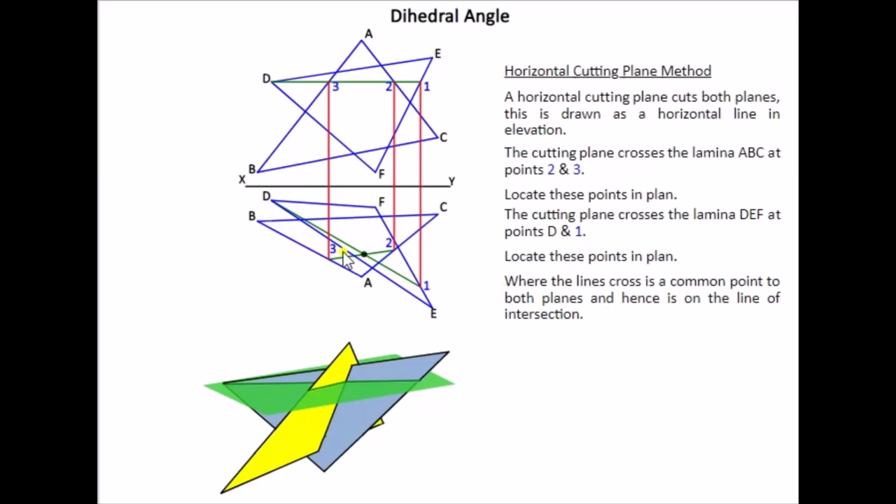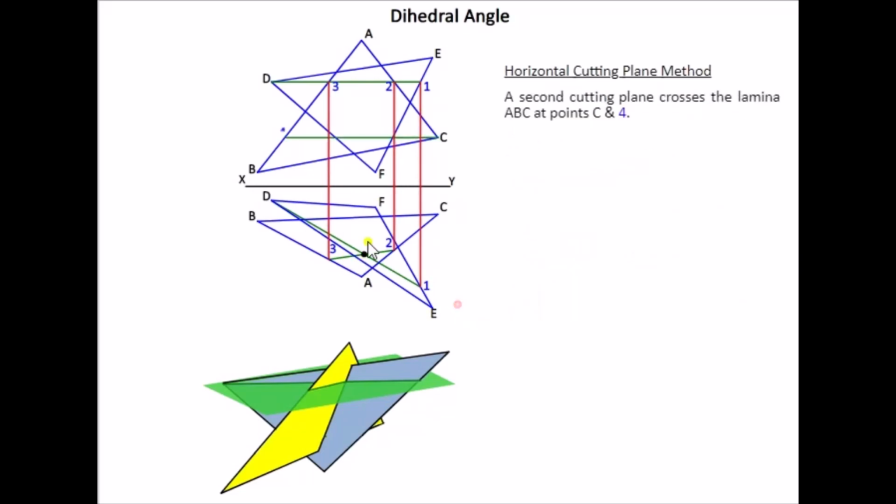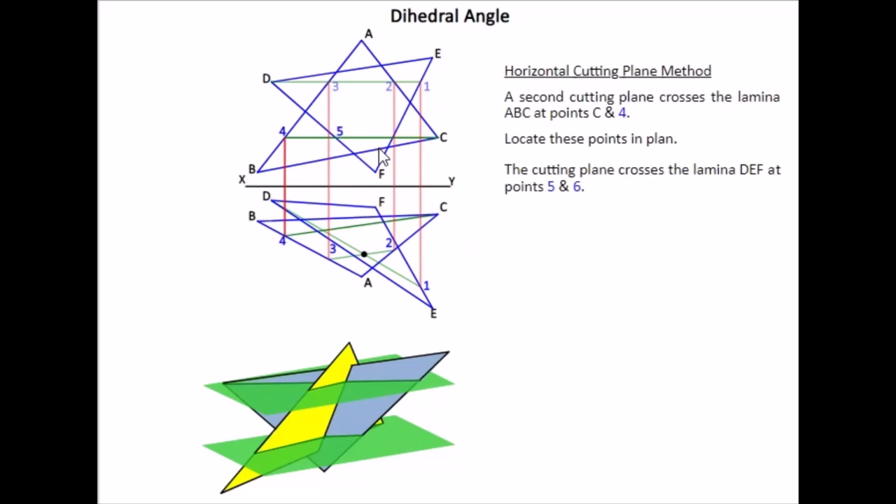So we have a point found here. Then we'll do the same again from C across here, then a line across here, which gives us this point. So we've a line drawn across from C, giving us points 4, 5 and 6.